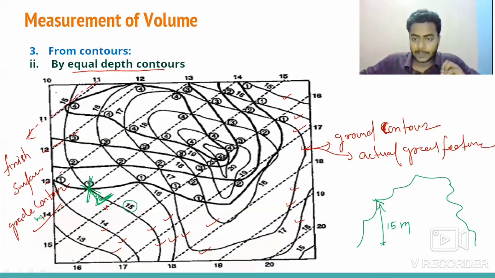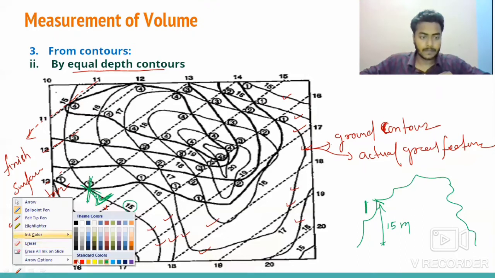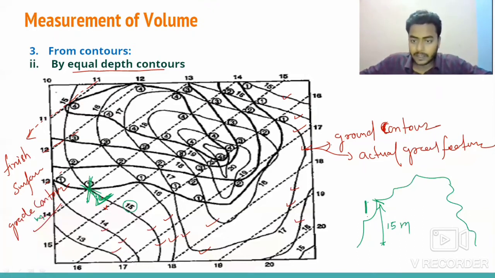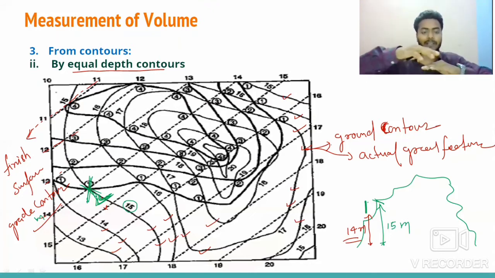But at this point, we want the ground elevation to be 14 meter. Okay. Because whatever the dotted line in this figure, that is showing finished surface or grade contour, means we want ground at that elevation at that point.